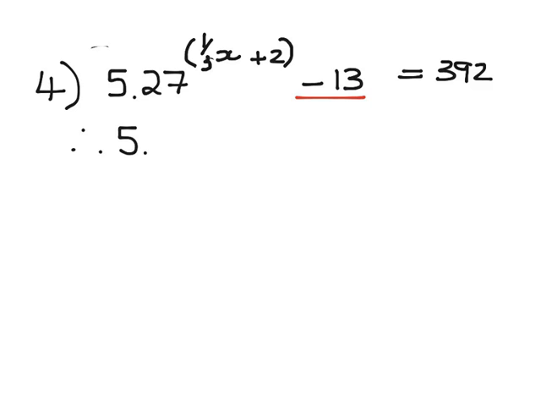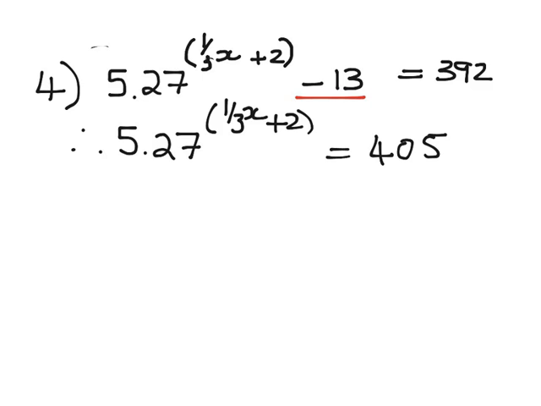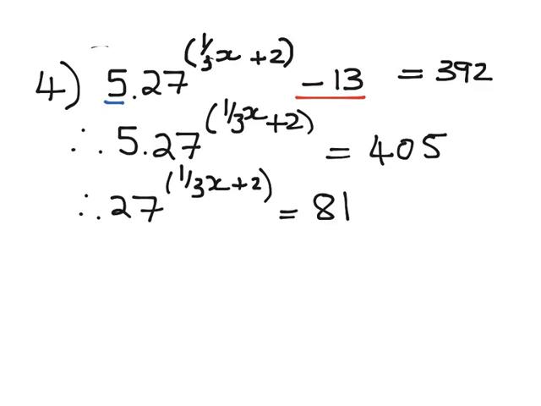So it'll become 5 times 27 to the power of a third x plus 2 is equal to 405. Now we're going to divide both sides by 5. So we'll have 27 to the power of a third x plus 2 is equal to 81.